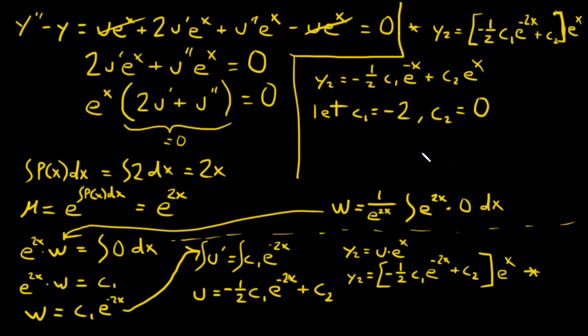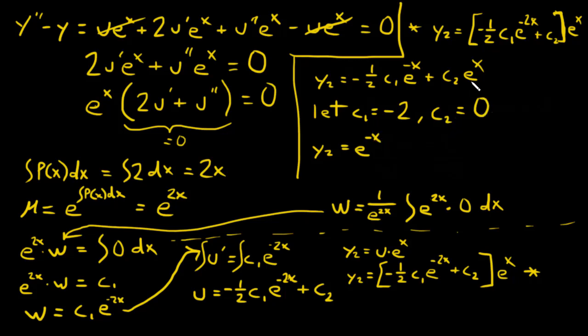Okay? Now, how did I pick those? Well, you'll see in just a second. If C1 is negative 2, that's negative 1/2 times negative 2, so that goes away and I'm left with e to the negative x.